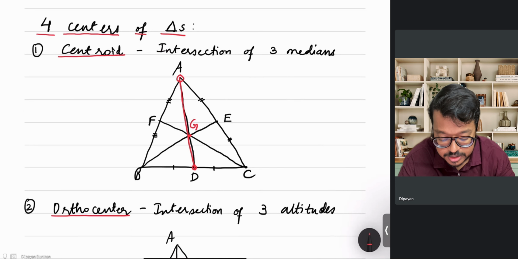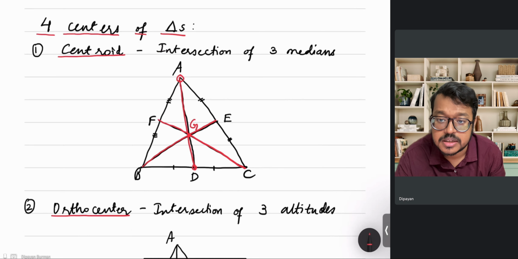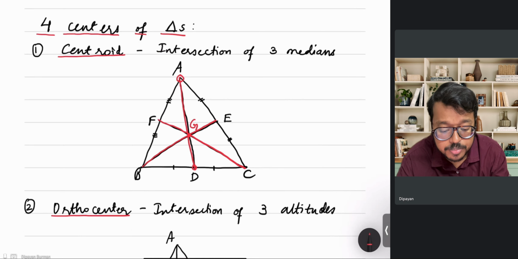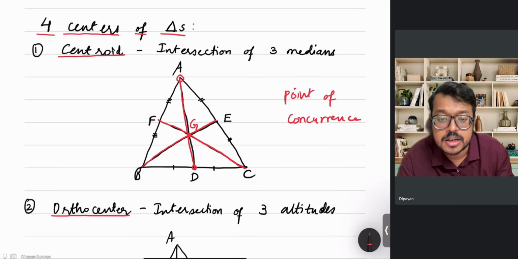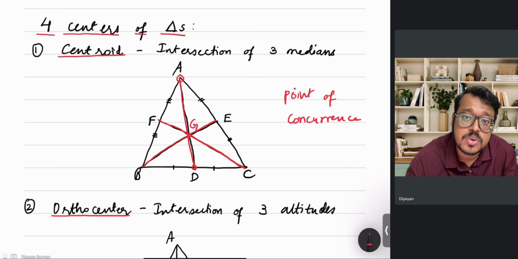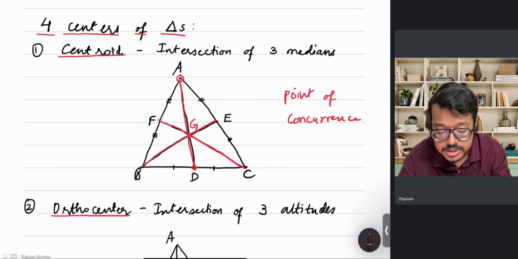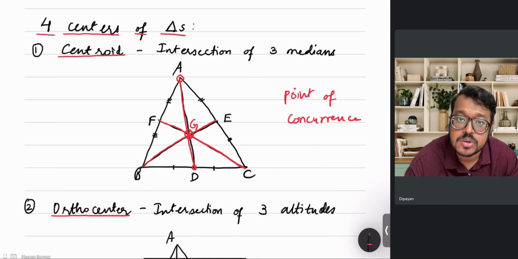Similarly, if I say BE is another median, CF is another median, then the intersection, or another word for it is also the point of concurrence, that means the point of intersection of two or more lines. So that point of intersection is known as the centroid. So here I have labeled G as the centroid of this triangle.